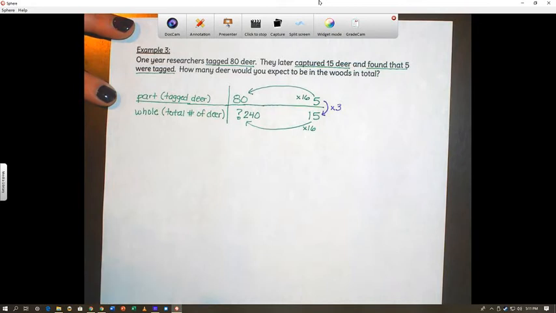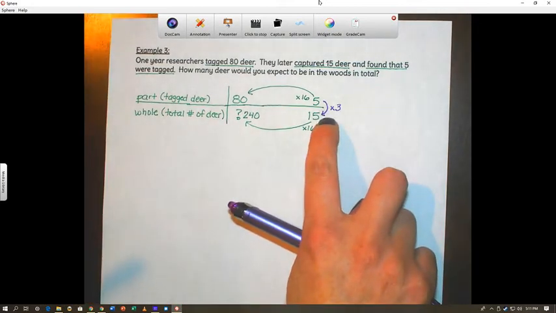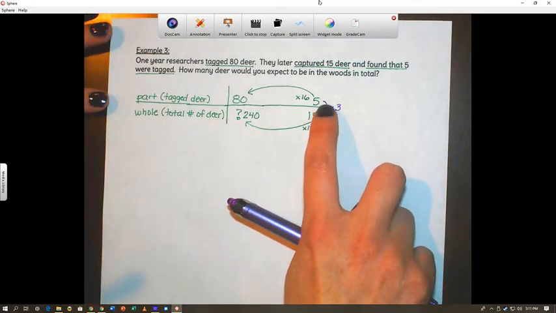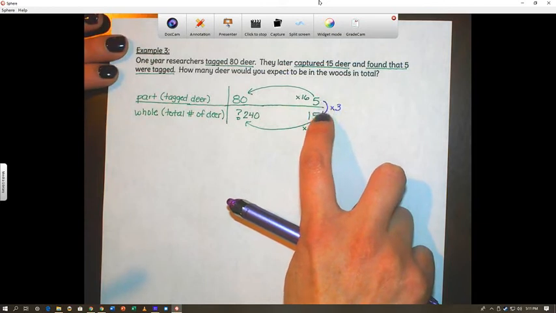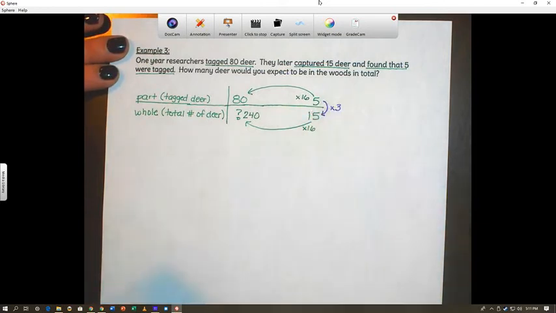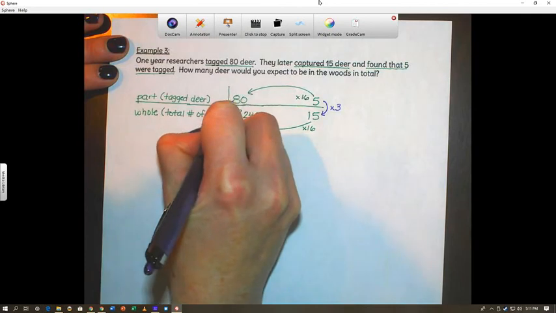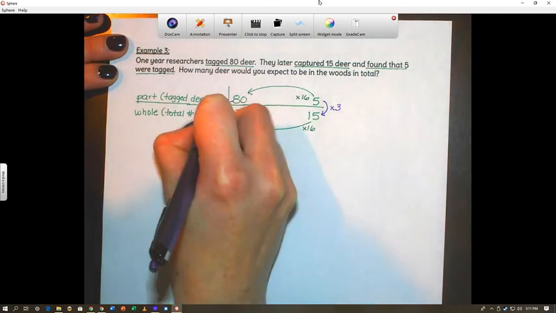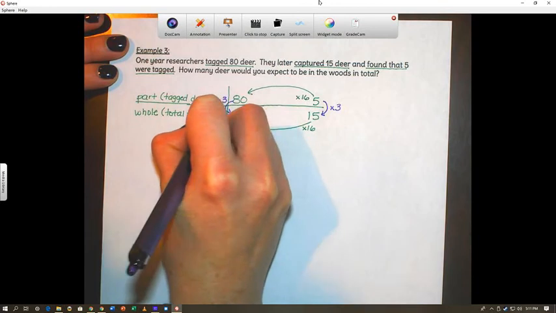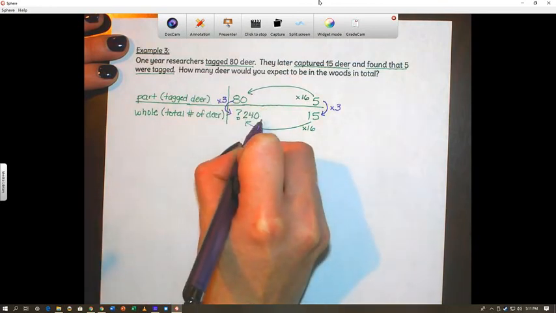So 1/3 of the total number of deer captured were tagged. 1/3 of 15 is 5. So if I do the same thing over here, 80 times 3, that also gives me the 240.